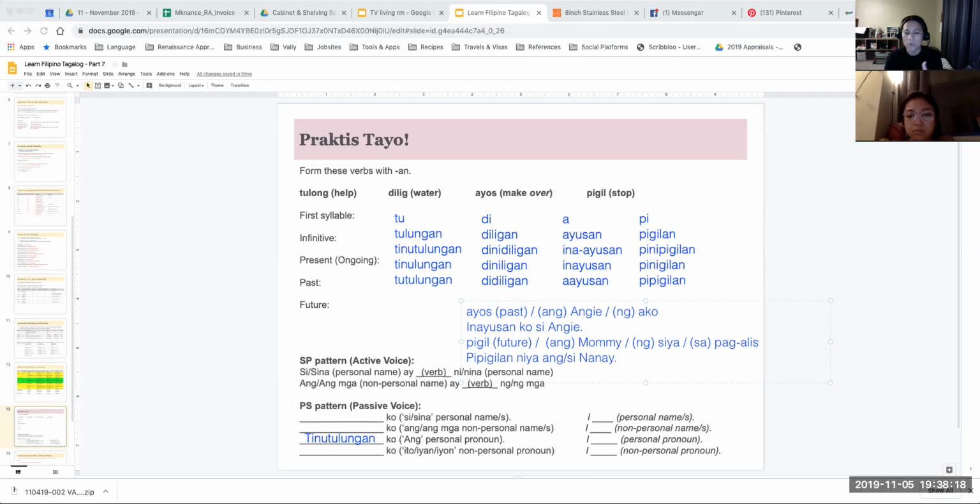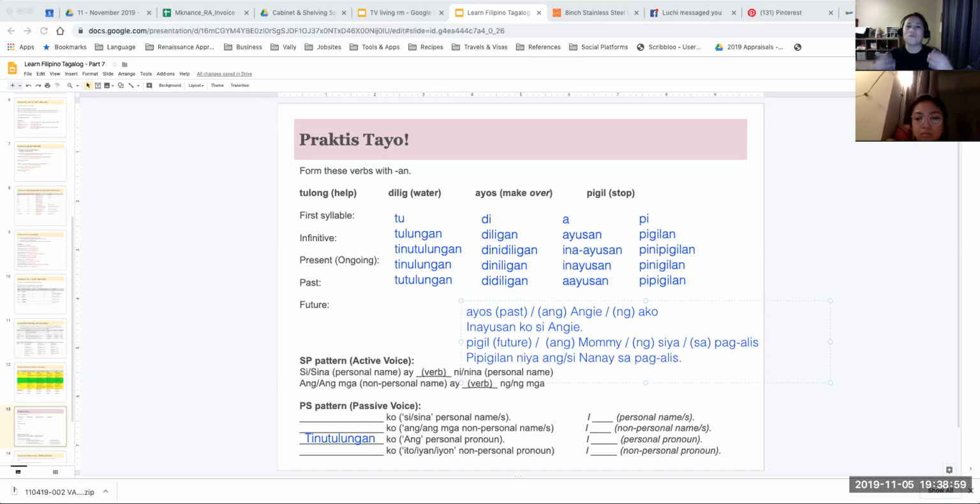Sa is from, with, to, for. Actually, the pag-alis here is not really a verb, it's a gerund. Like in English, you use the -ing form as a gerund. It's a noun; the pag-alis is the event. So we can use sa. Sa pag-alis. Pipigilan niya si nanay sa pag-iyak.